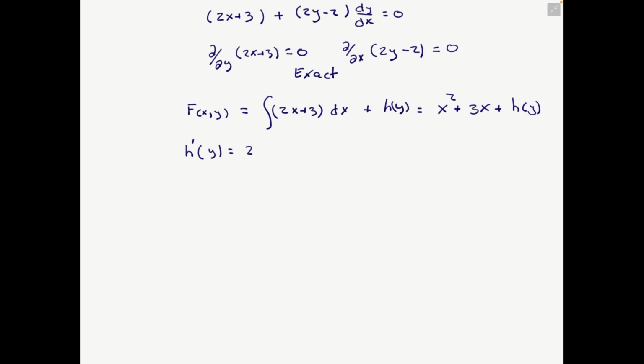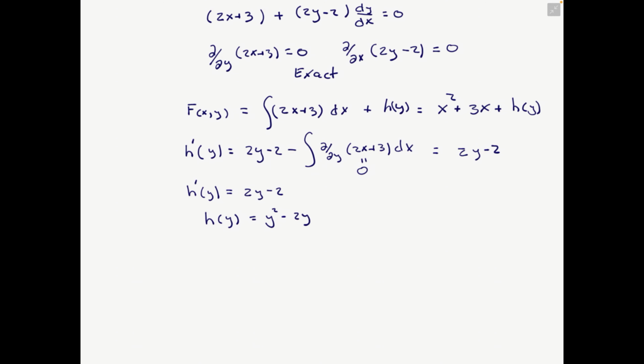This is equal to x squared plus 3x plus h of y, and h prime of y is equal to N, 2y minus 2, minus d/dy of the integral of 2x plus 3 dx, but that's 0.